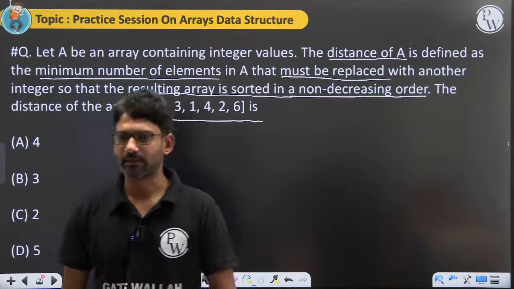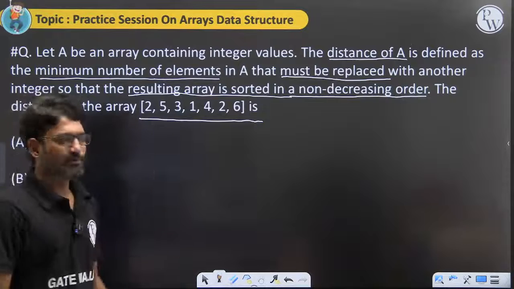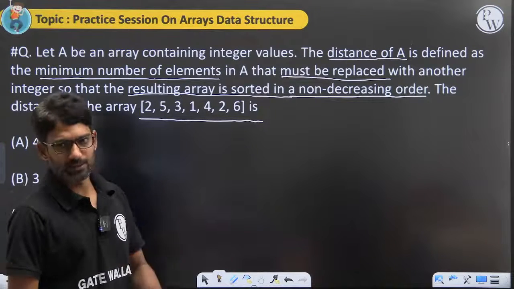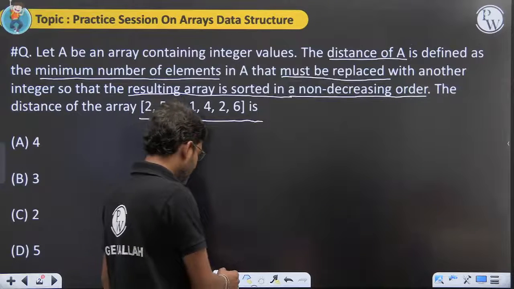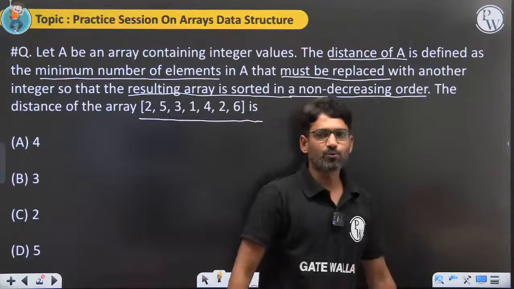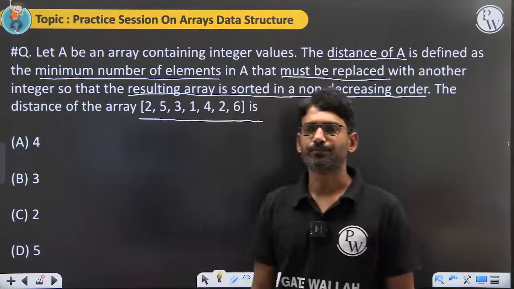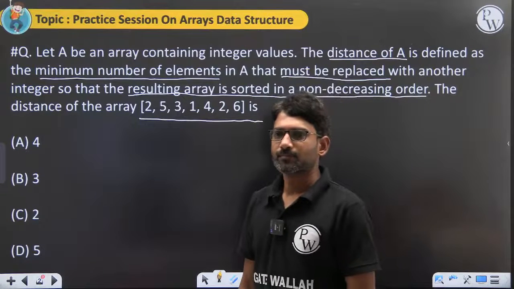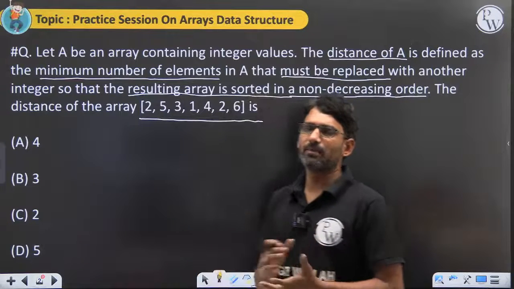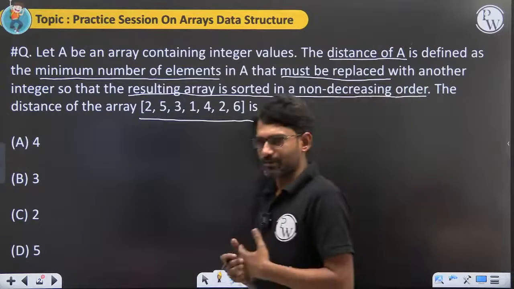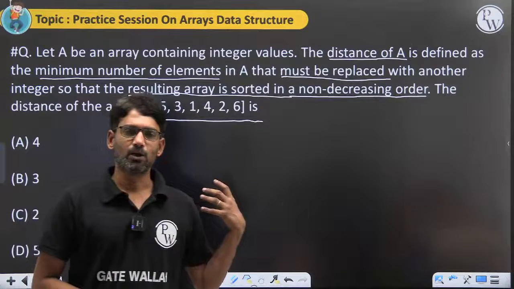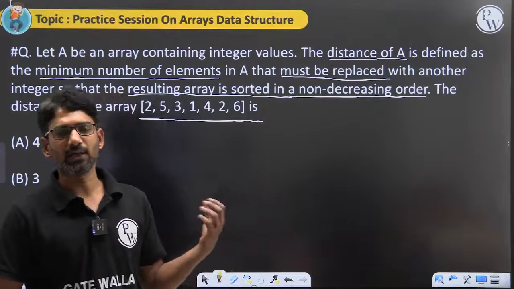Yes, everyone. This is the question we have, and this is a GATE 2024 question. So what would be your answer for this? Distance is defined as the minimum number of elements that should be replaced so that the result will be in non-decreasing order or ascending order.